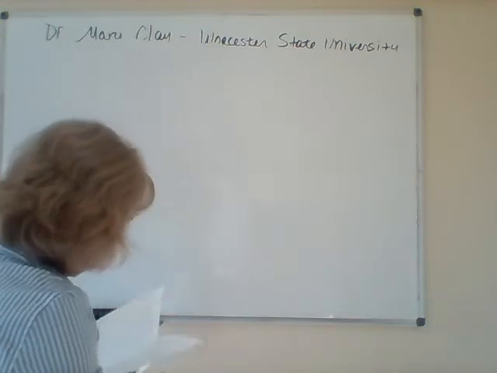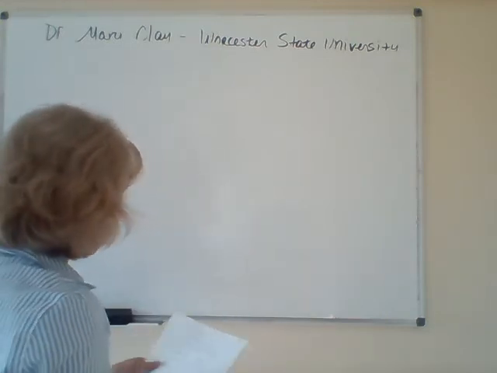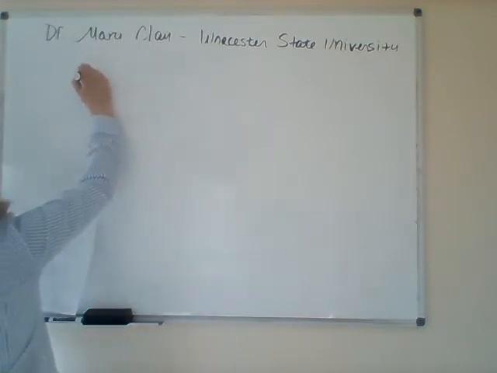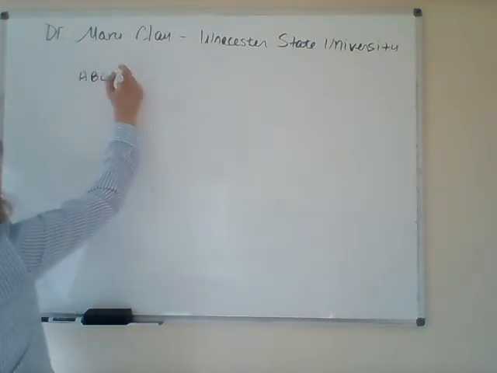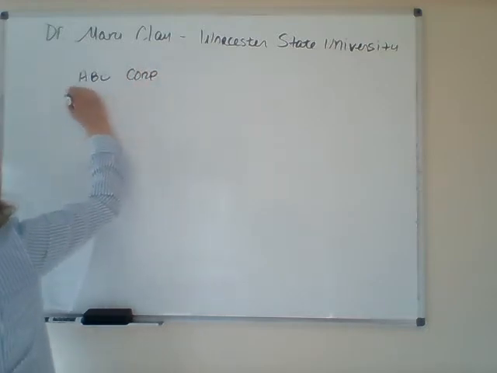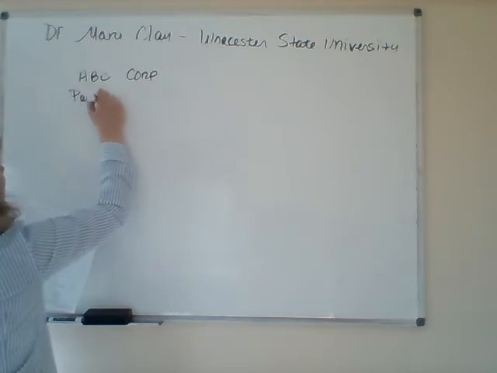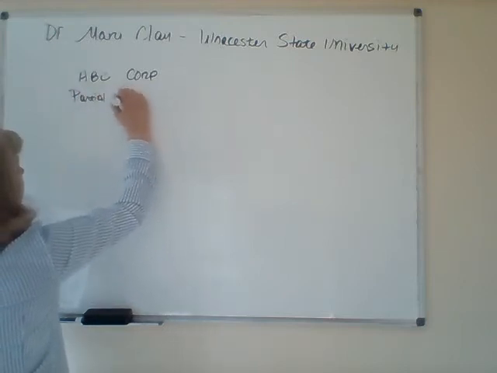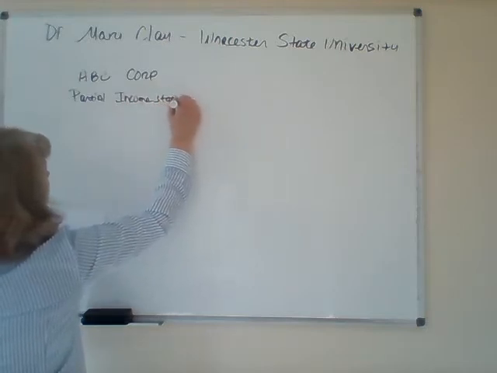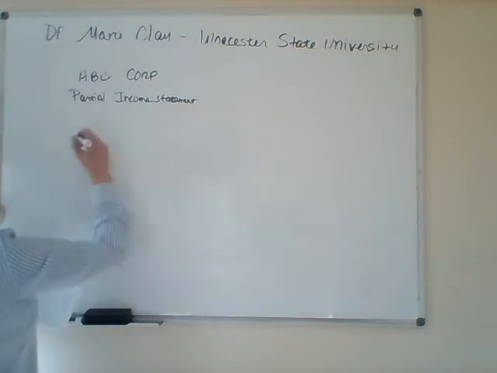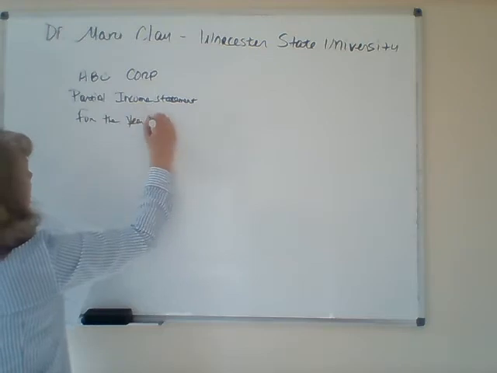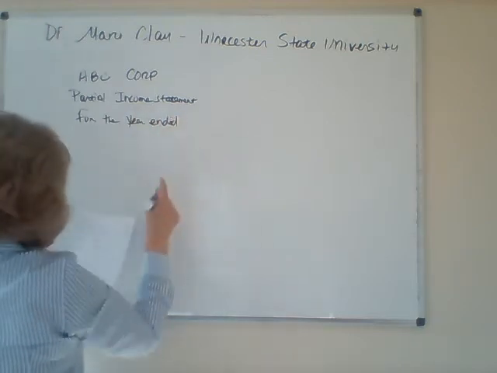Okay, so now one of the problems is going to ask you to do a partial income statement. So you got ABC Corp, partial income statement for the year ended, what is this date?